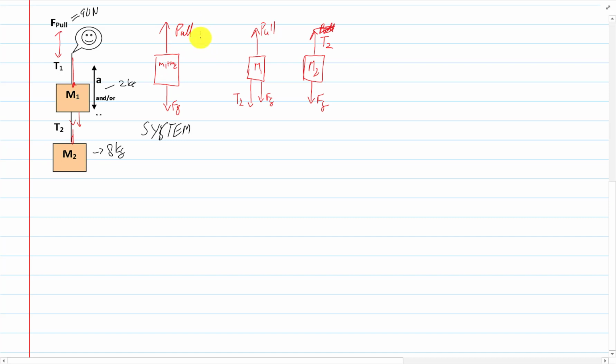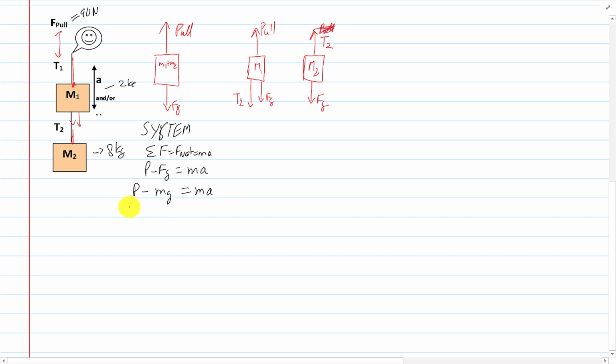We're pulling up here. The sum of the forces equals F net equals MA. The pull force minus the force of gravity is equal to MA. And that's the pull force minus mg is equal to MA.